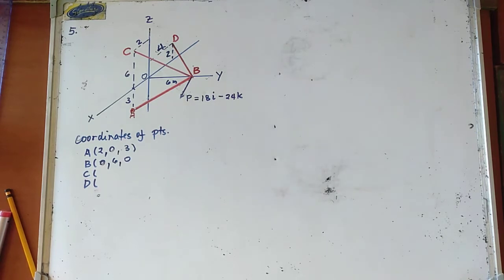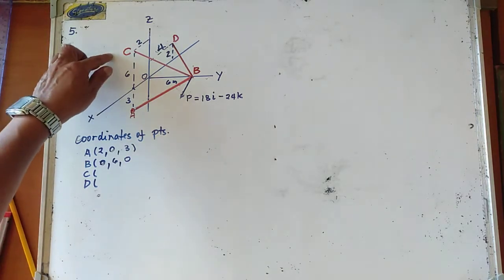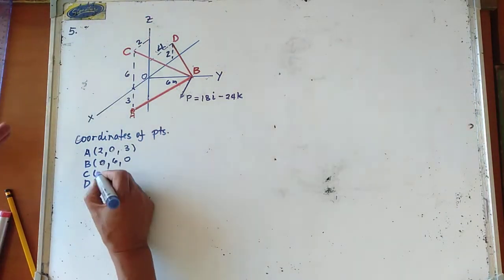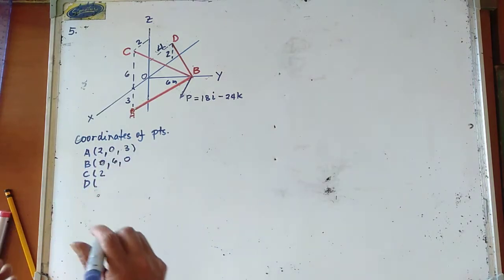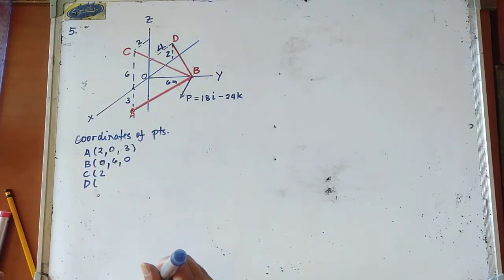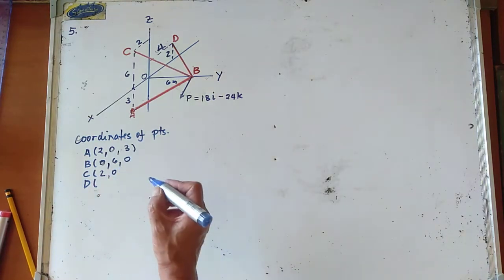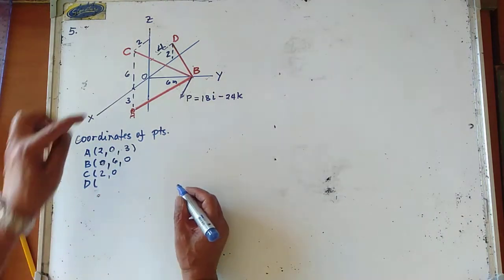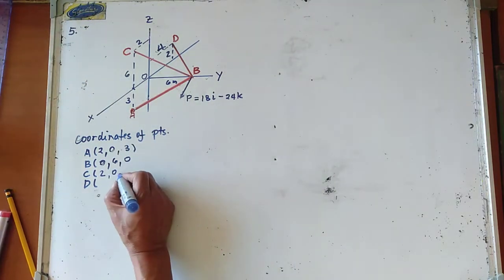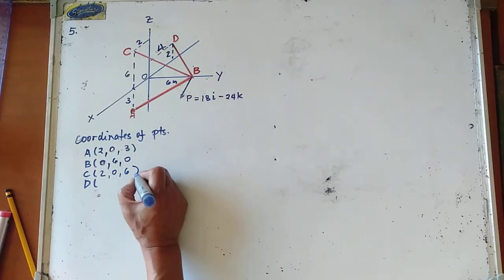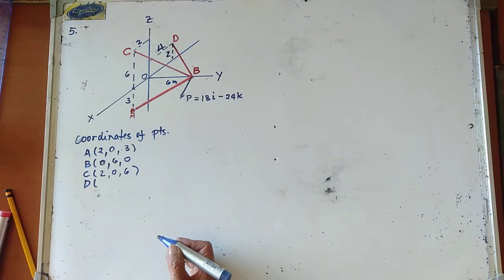Next, the coordinates of point C. Again, your x is 2, your y is 0, and your z is 6.